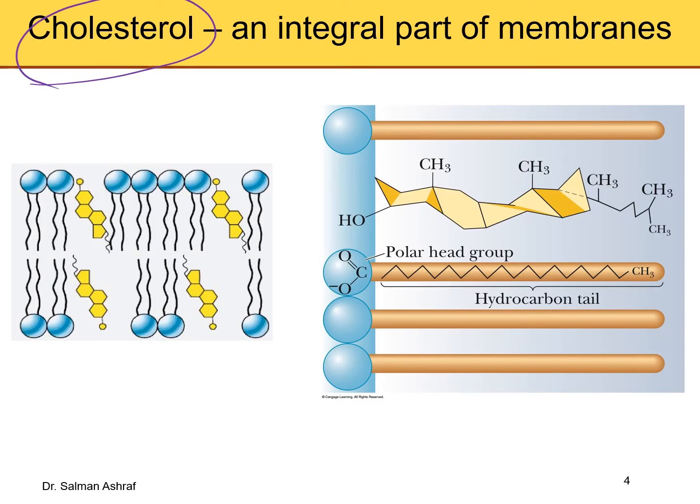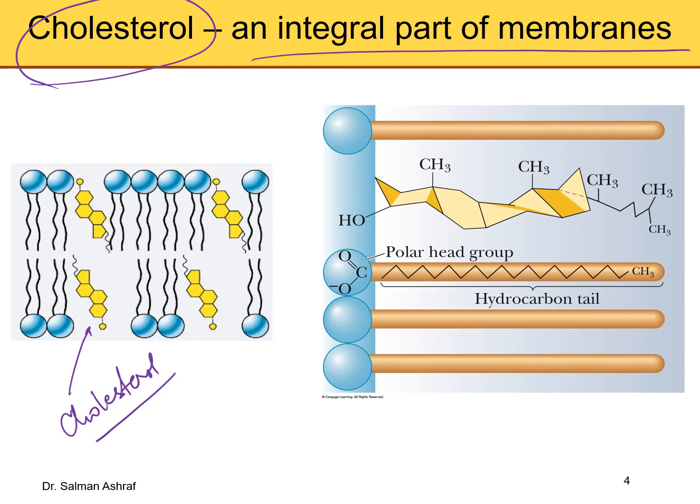These actually are cholesterol. It turns out cholesterol is an integral part of biological membranes. It's very important and serves a very important function. If you recall, phospholipids are amphipathic: they have a polar head and a non-polar tail.